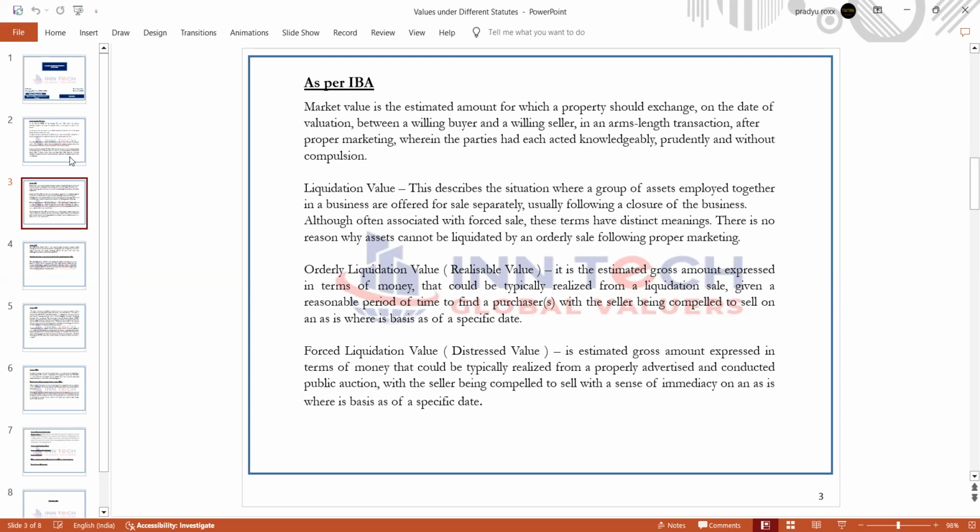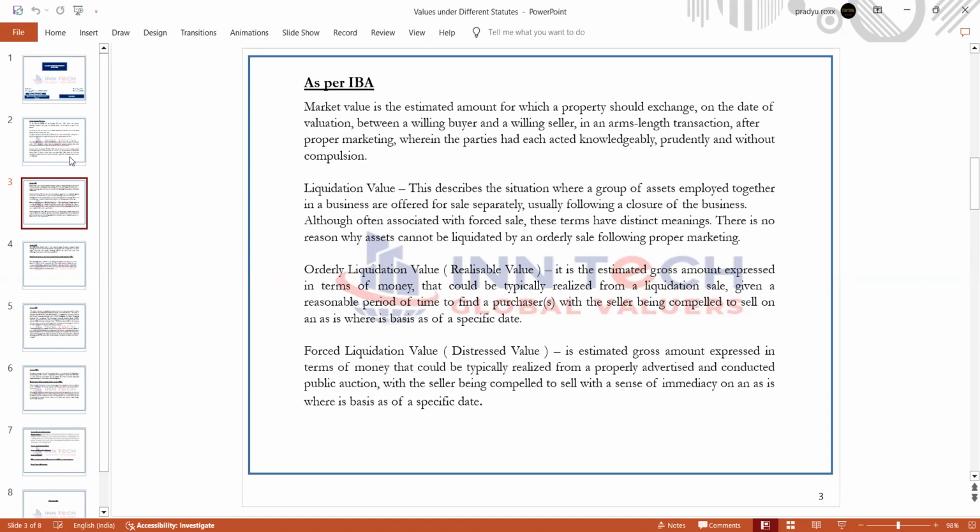Again, apart from this market value, the banks expect a liquidation value. In that liquidation value, they want orderly liquidation and forced liquidation. As per them, these are called the realizable value and the distress value. The difference is that with orderly liquidation you will have sufficient time for liquidating.